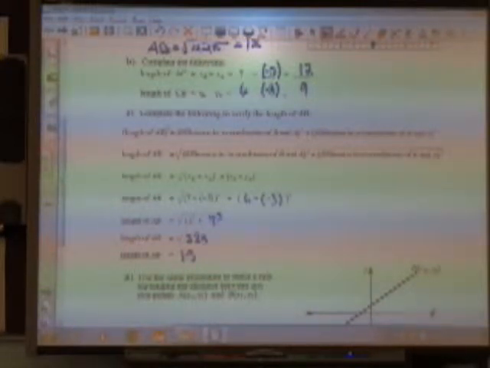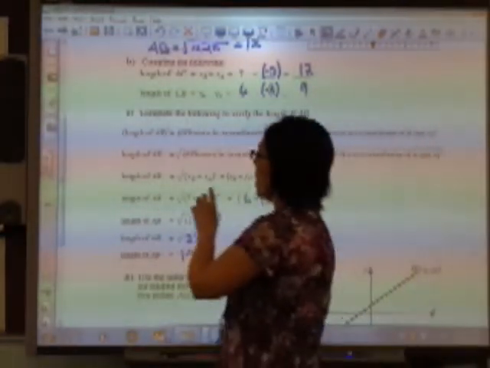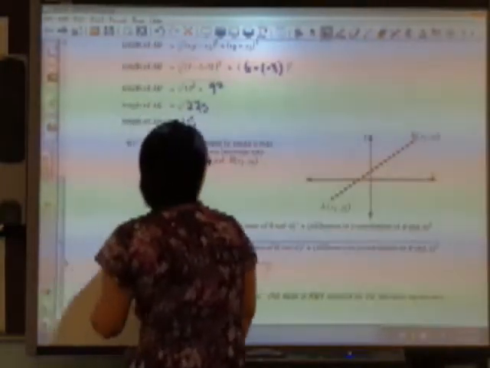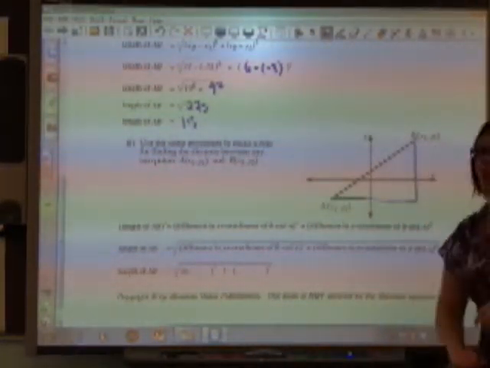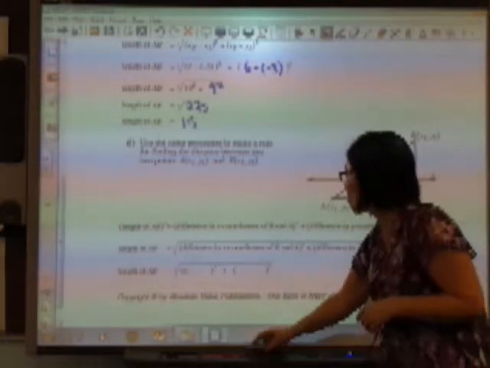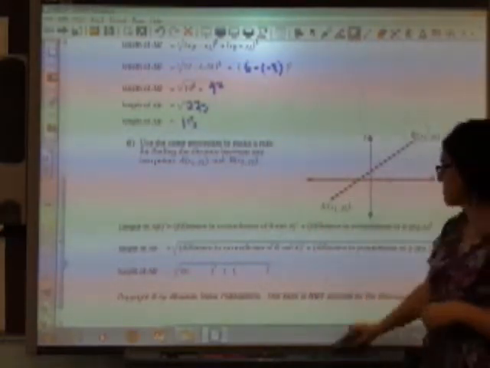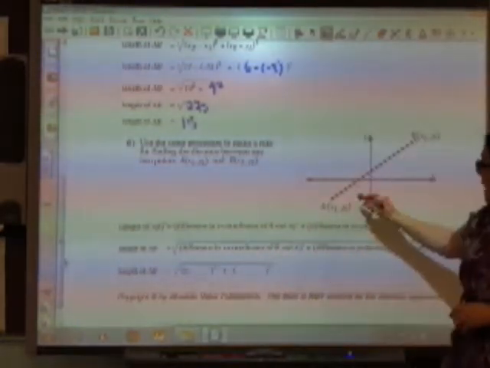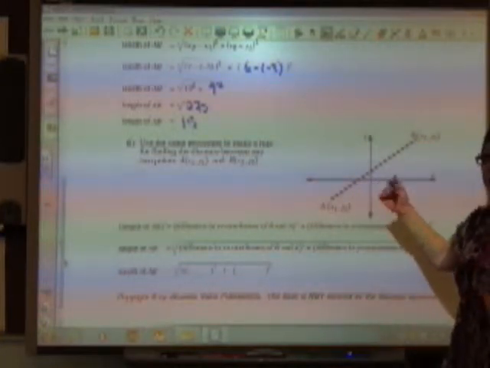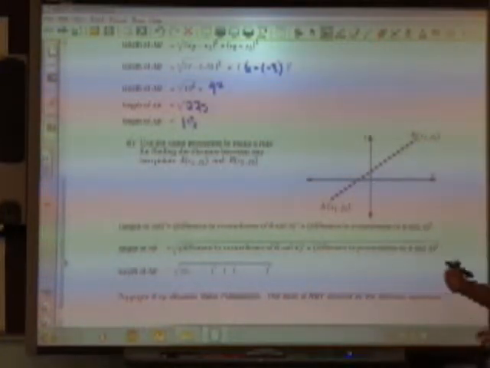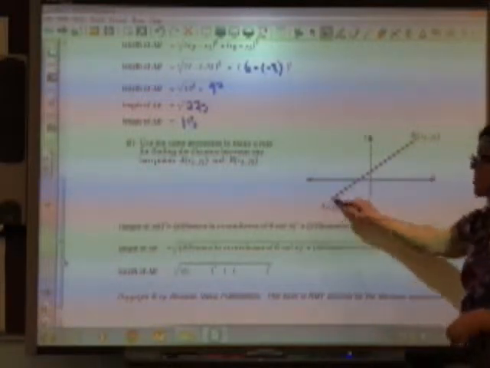So what we're doing is we're using Pythagoras' theorem to find the length of a line using just the coordinates. So we're not dropping this down. We're not going to make a right triangle. We're going to use the coordinates. So the length of this line is going to be using Pythagoras' theorem, a squared plus b squared equals c squared. This is my c squared.